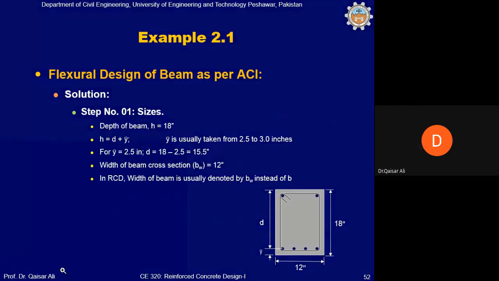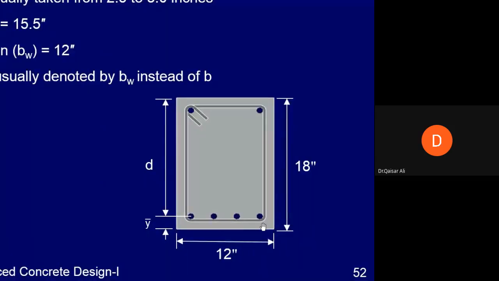I will explain this. How is this assumption made? You know that we have said in our previous lecture that for the protection of reinforcement from corrosion, at least 1.5 inch clear cover of concrete shall be provided on all sides of the beam. So 1.5 inch will be the clear cover.